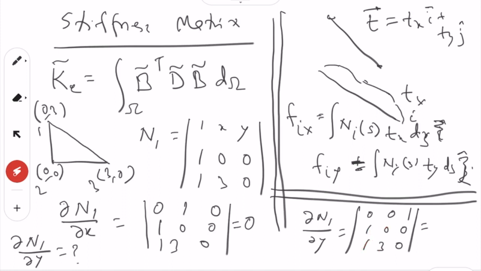Yeah, so 1 times 3, that's it. So we get 3 equal to 3.